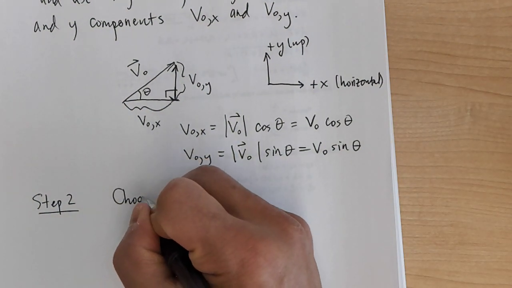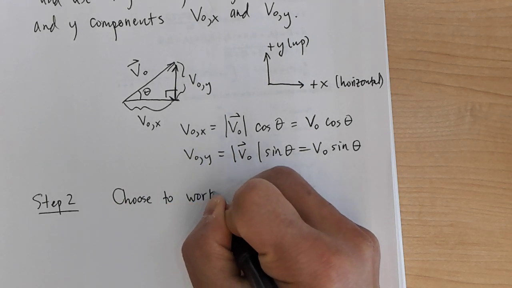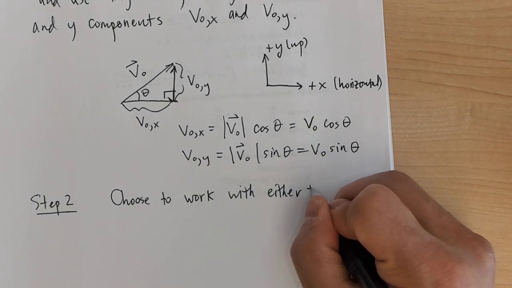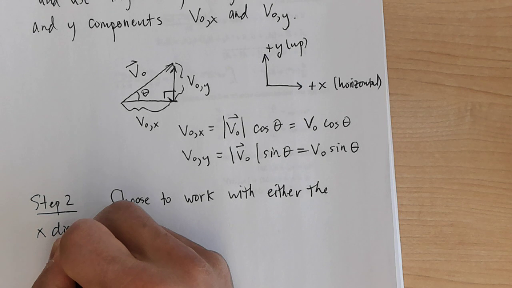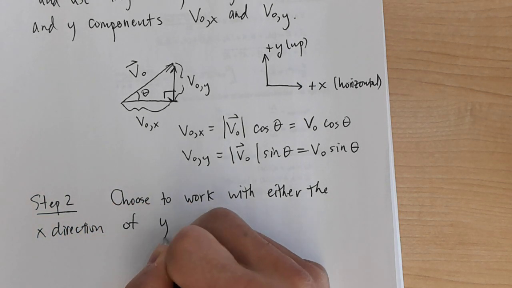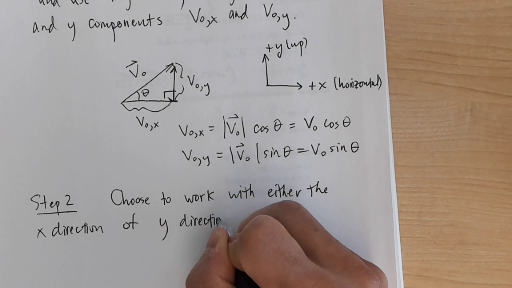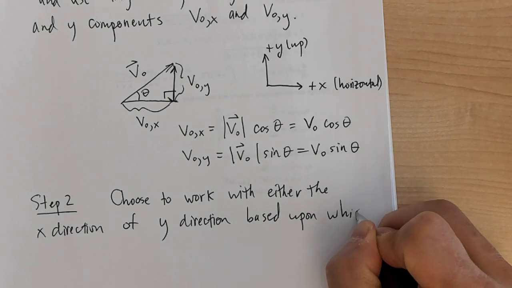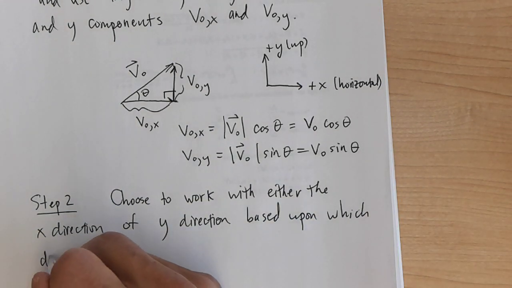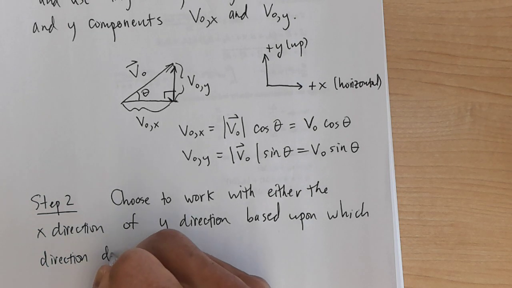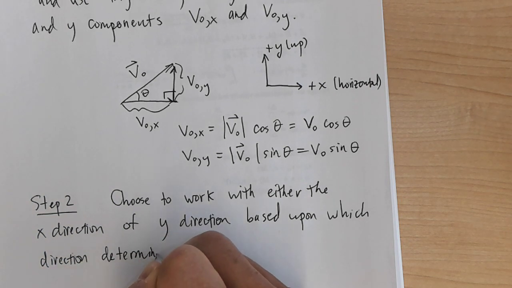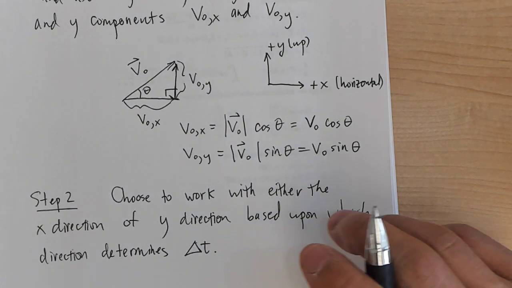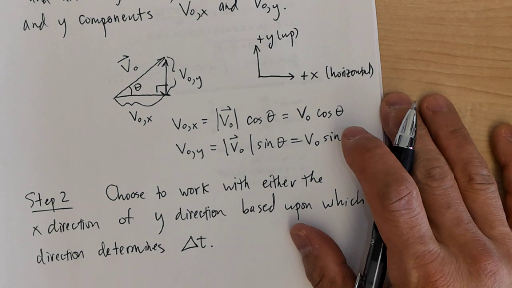Step 2 is choose to work with either the x direction or y direction, based upon which direction determines the first thing you want, which is delta t. Maybe this is not really clear how I know which determines delta t, but let me just give you some examples.